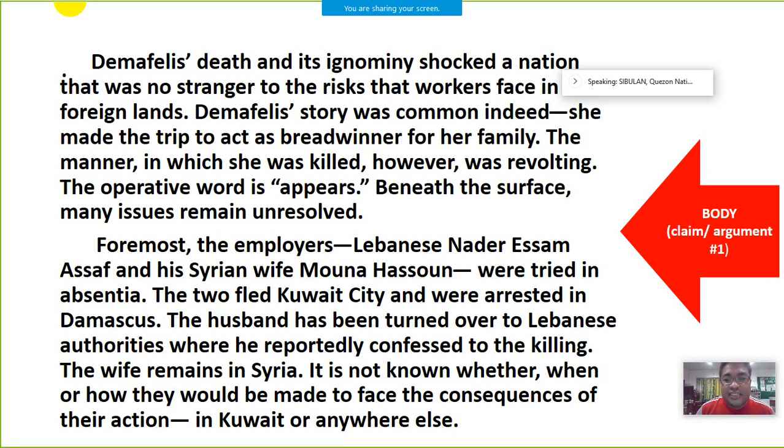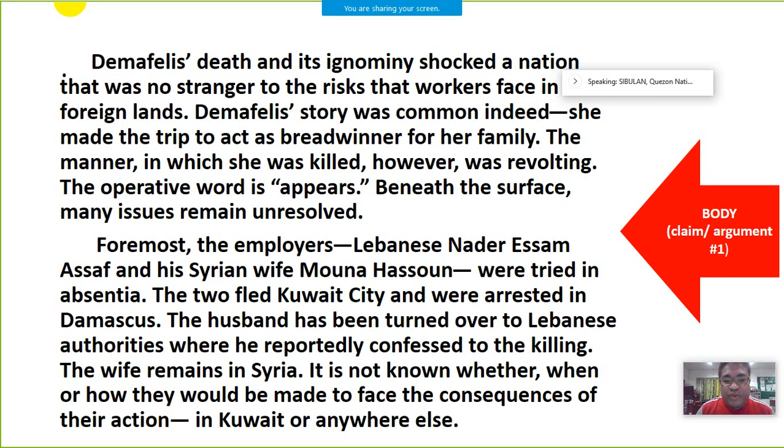So, the next paragraph represents the first claim or the first argument of the writer. Let me read. Foremost, the employers, Lebanese Nadir Essam Assaf and his Syrian wife Mona Hassoun, were tried in absentia. The two fled Kuwait and were arrested in Damascus. The husband has been turned over to Lebanese authorities where he reportedly confessed to the killing.